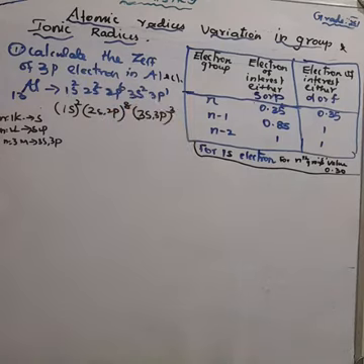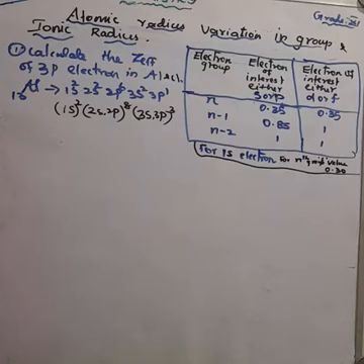According to Slater's rule, what is the third step? We have to choose which group of electrons we are going to calculate the effective nuclear charge for. What is our question now?